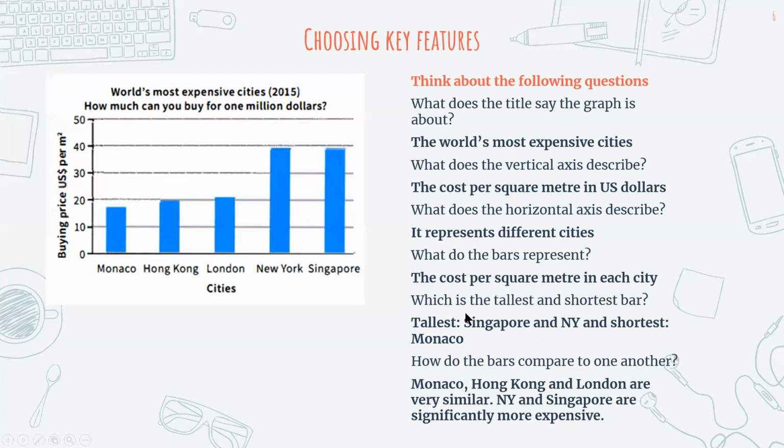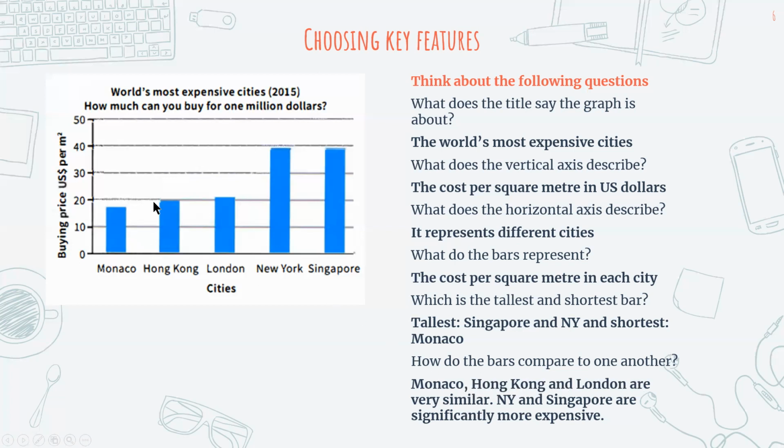Okay. Which is the tallest and shortest bar? The tallest is Singapore, and the shortest one is Monaco. So I need to report these numbers. How do the bars compare to one another? Monaco, Hong Kong, and London are very similar.